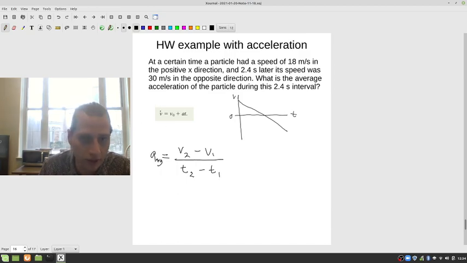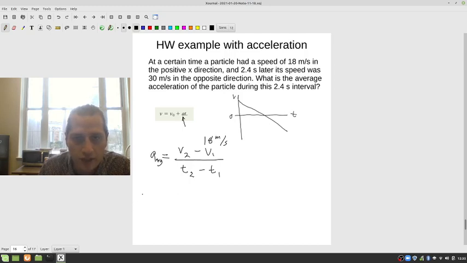Or you could plug it in here where this would be your final velocity, this would be your initial velocity, this is your acceleration, which you would solve for, and your time. That would be okay too. In this case, however, let's just think about it. At a certain time, a particle had a speed of 18 meters per second. Okay, so that would be your initial velocity.